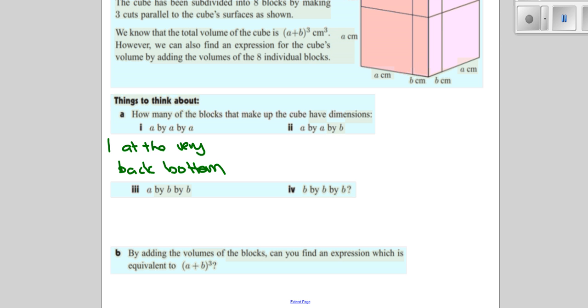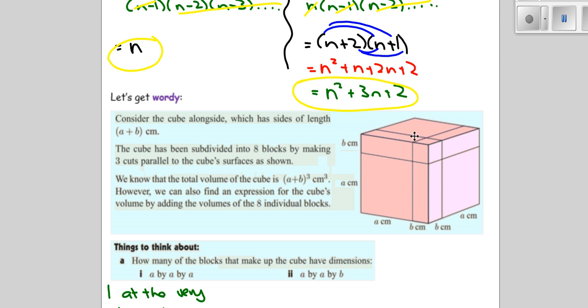How many will be a by a by b? So 2 longer lengths and 1 short length. I can see 2 at least. Would you agree this one is? What about this one?